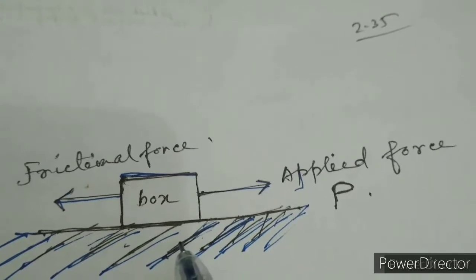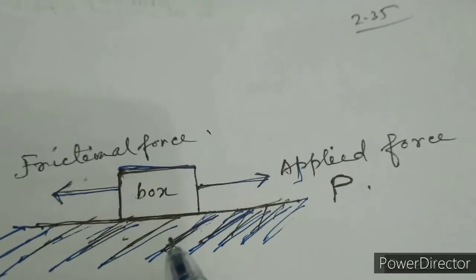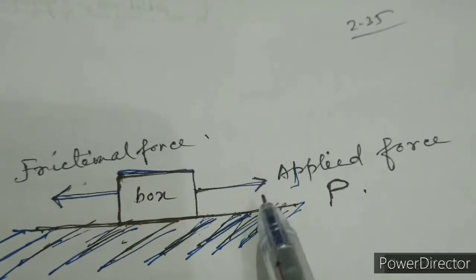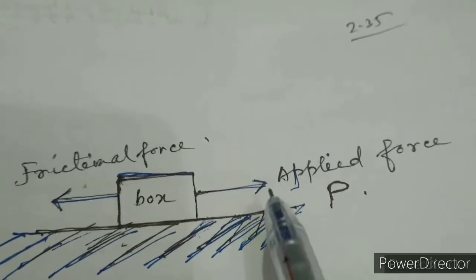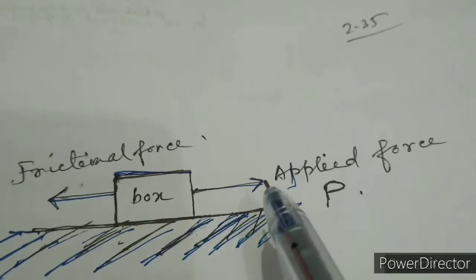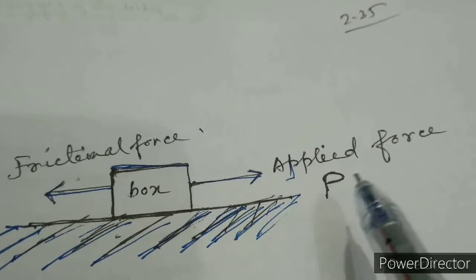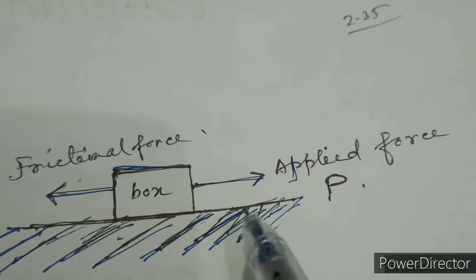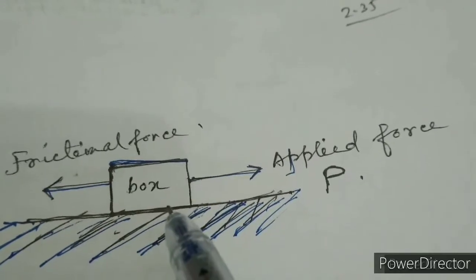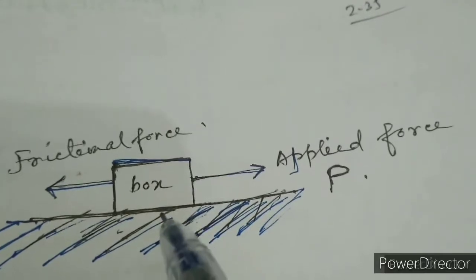So this is the reason that static friction is also known as the self-adjusting friction. Understood? How will we prove this? We can put a spring balance here, and in this spring balance we can see how much force we are applying, and observe the increased amount of force. And we can see that as we increase the applied force, the friction is also increasing.